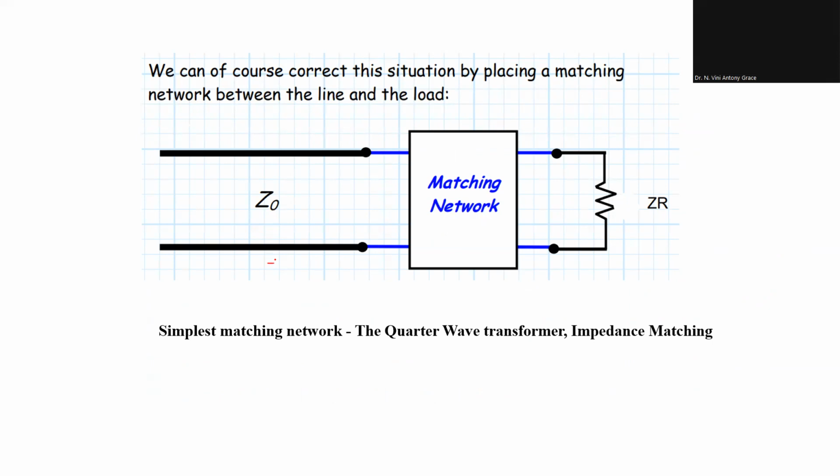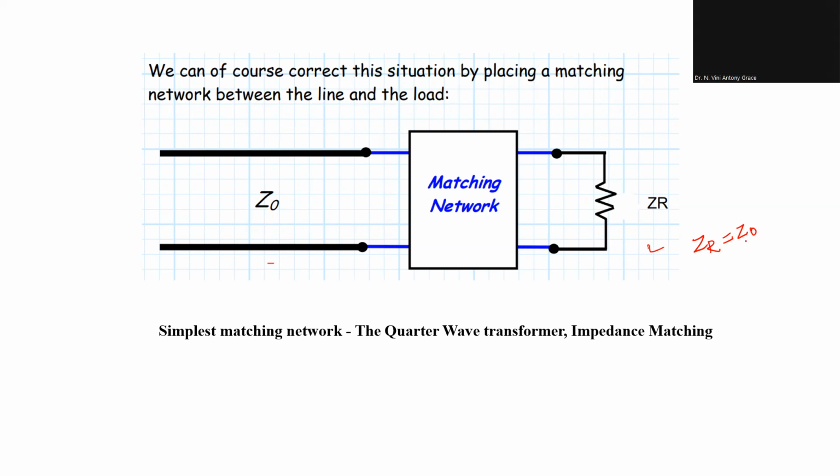The purpose of the matching network is to match the load impedance ZR to be equal to the characteristic impedance Z0. When these two become equal, there won't be any reflection from the load to the source. That is the purpose of this matching network.